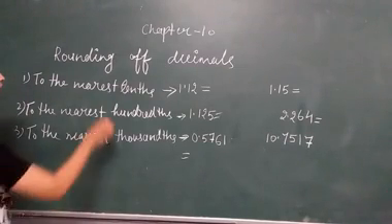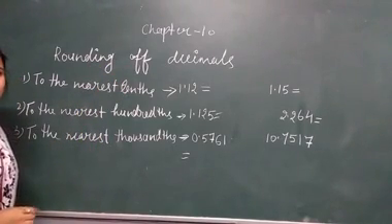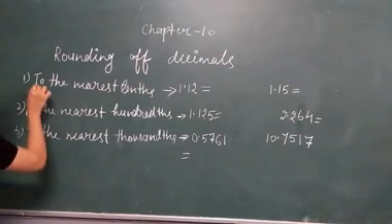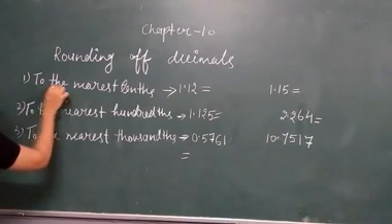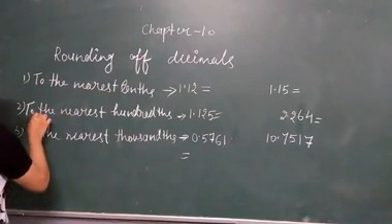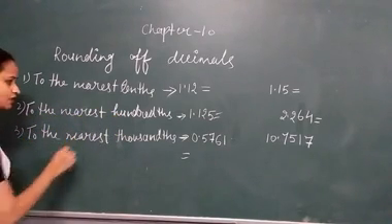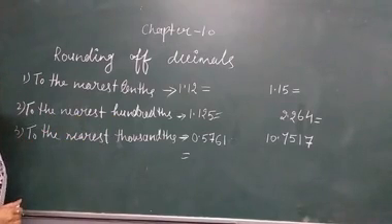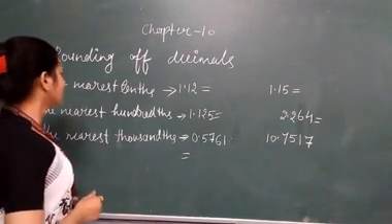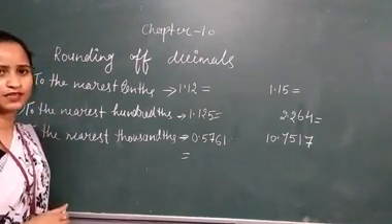Now, rounding of decimals. First, to the nearest tens. Second, to the nearest hundreds. And third, to the nearest thousands. To the nearest tens means 1 decimal place.